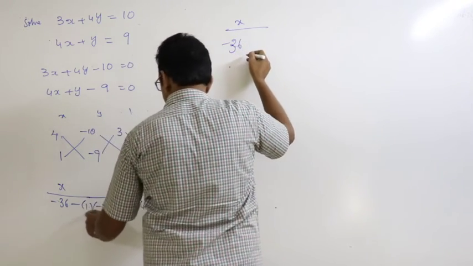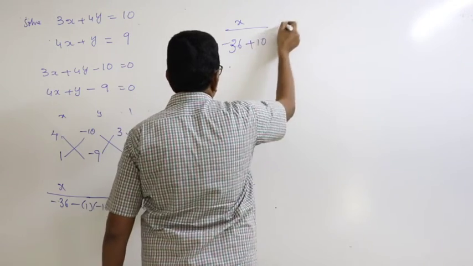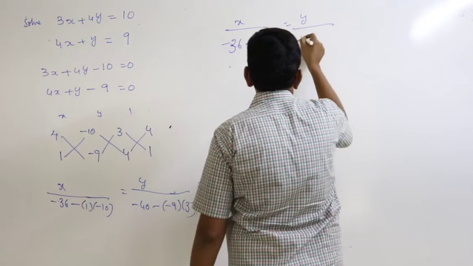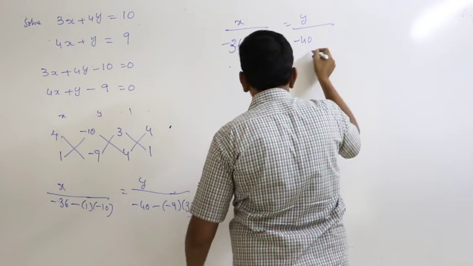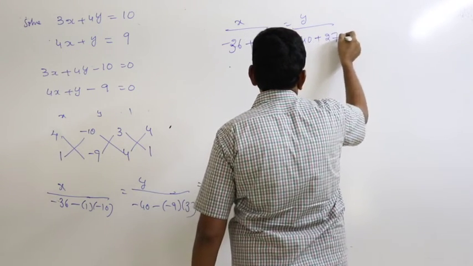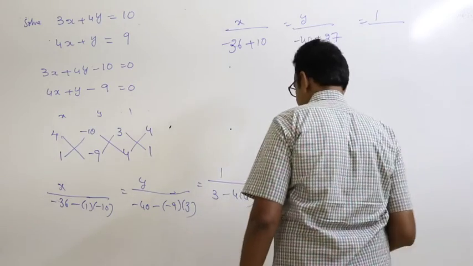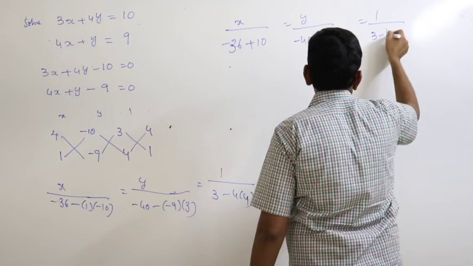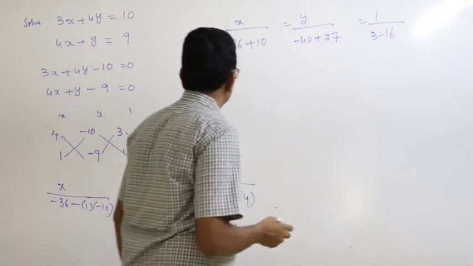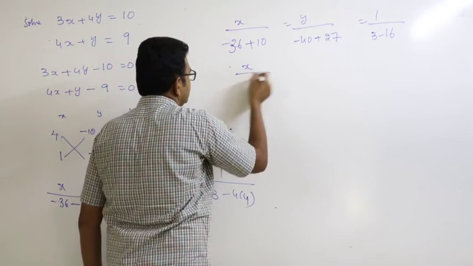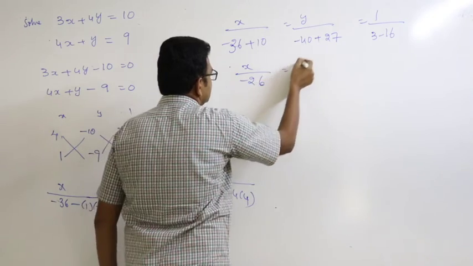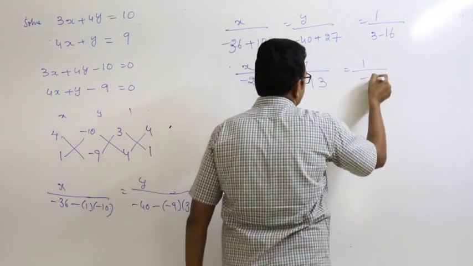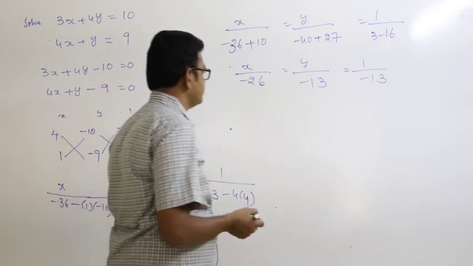Minus 36, minus of minus is plus 10, equal to y by minus 40, minus of minus plus 27, equal to 1 by 3 minus 16. So this is x by minus 26 is equal to y by minus 13 equal to 1 by minus 13.